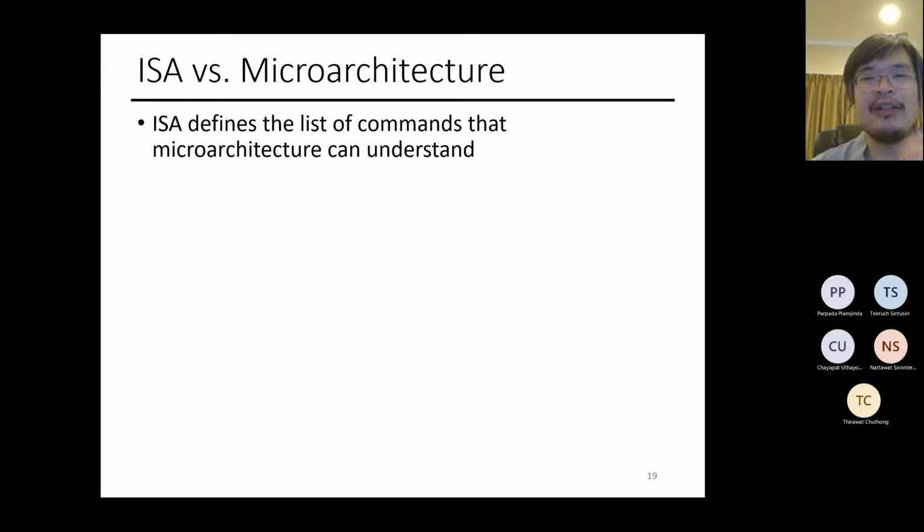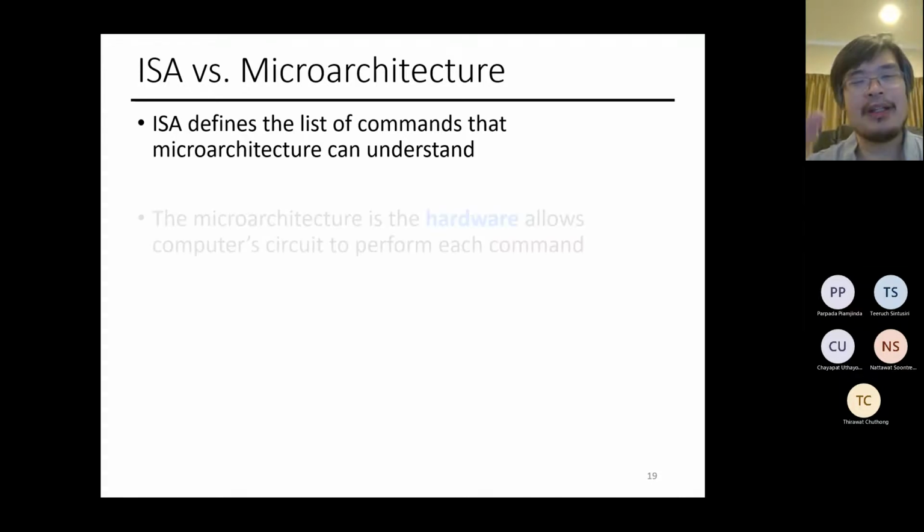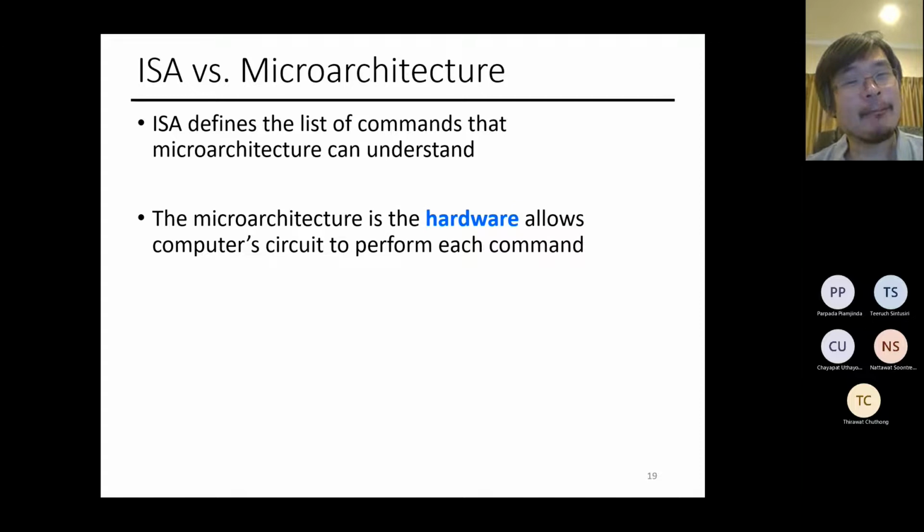Sounds still a little bit confusing, so let me expand on that. If you think about what microarchitecture is, microarchitecture is the hardware. It's a computer circuit, all the circuitry to perform each of the commands.